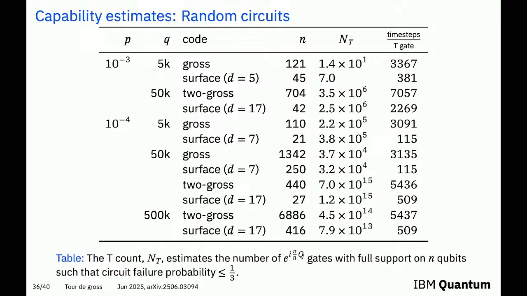And maybe one thing you should hopefully roughly get out of this is that for a comparable number of T-gates, so say 10 to the 15, we have roughly an order of magnitude more logical qubits than the comparable surface code. However, the number of time steps that are needed to implement one rotation is maybe roughly an order of magnitude worse. So that's definitely something we still want to work on.